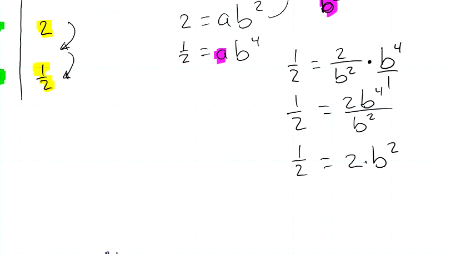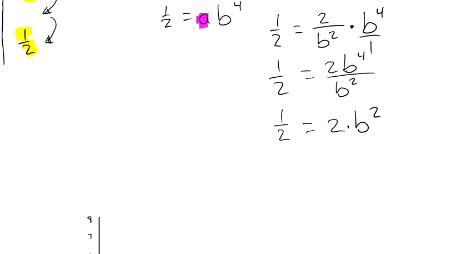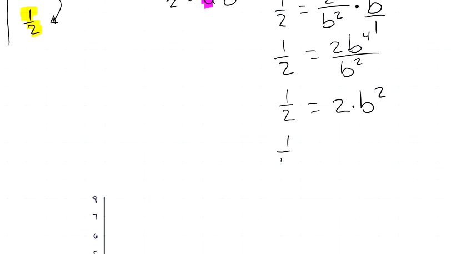To get b alone, I'm going to divide both sides by 2. Turns out 1/2 divided by 2 is 1/4. So this gives me 1/4 equals b squared. And if I take the square root of that, there are two values I get. I either get positive 1/2 or negative 1/2. In this particular setting, I want the positive root. So b is 1/2.